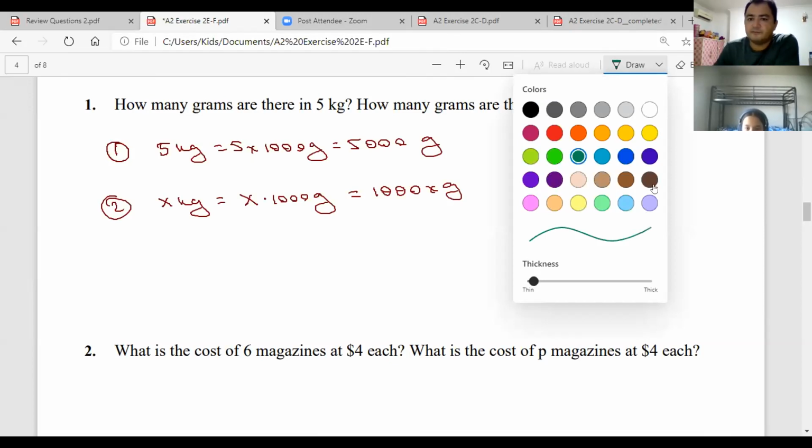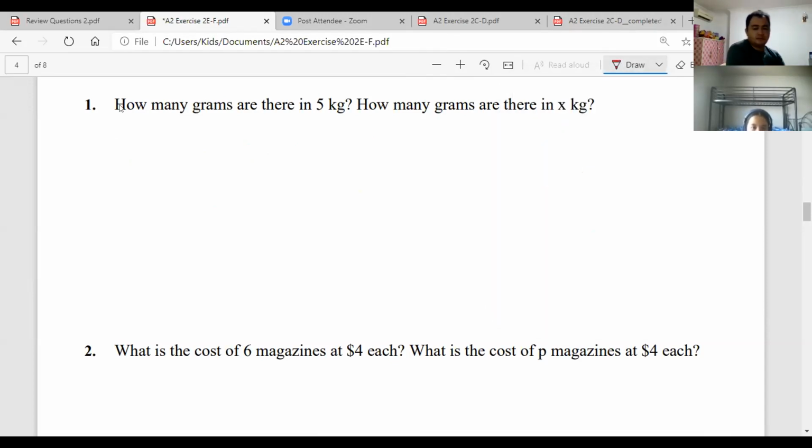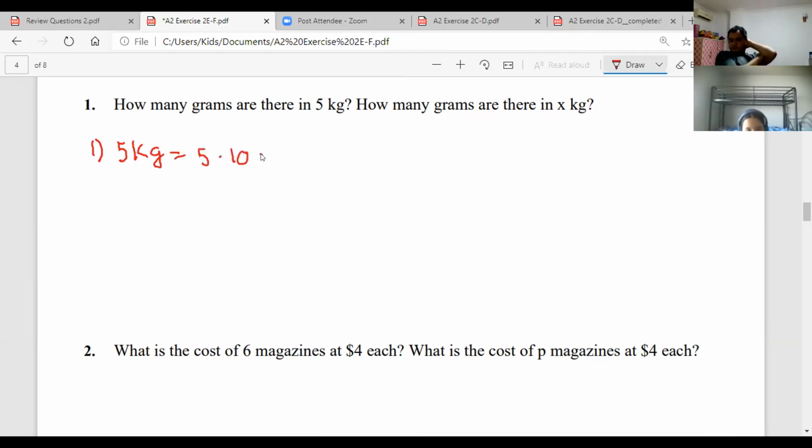Okay. Let's find the answer. So this is step one, Shahina, right? Step one, because there are two questions here. 5 kg equals 5 times 1,000 equals 5,000.